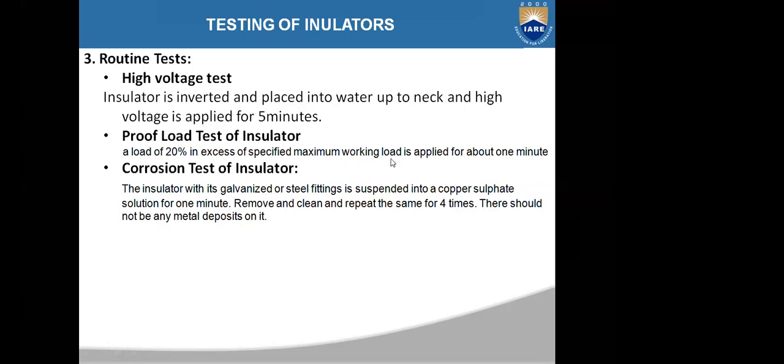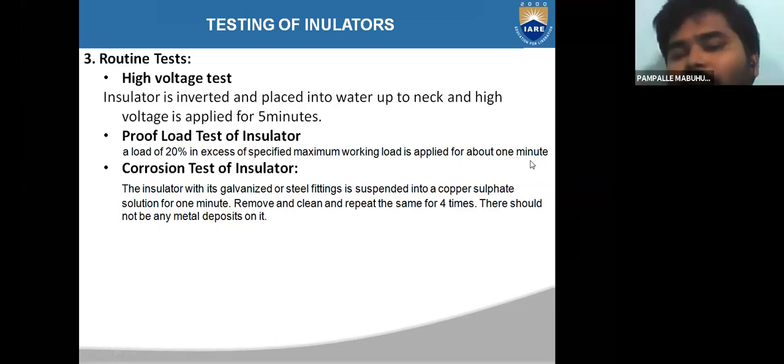This load will be applied for about 1 minute. If you apply 20% excess load on the insulator for about 1 minute, the insulator should not be damaged. Then the insulator is said to be perfect for the use. Another test is the corrosion test.